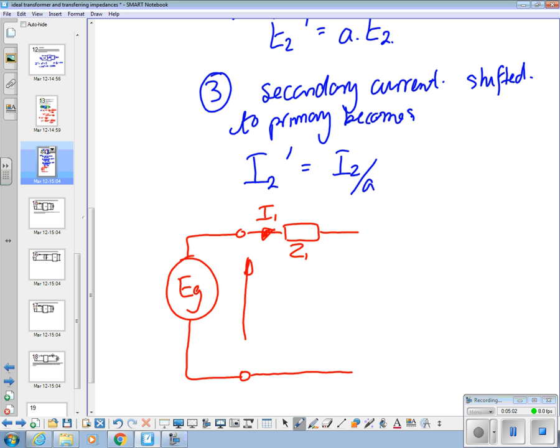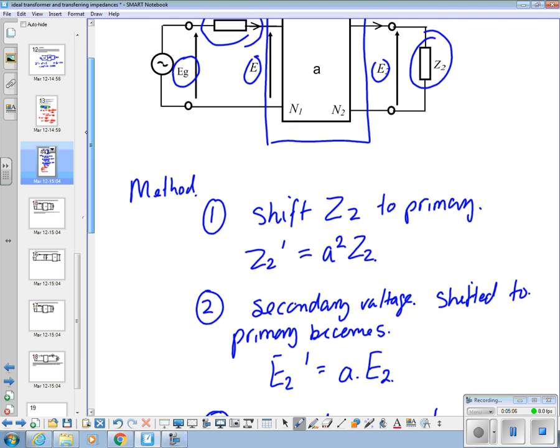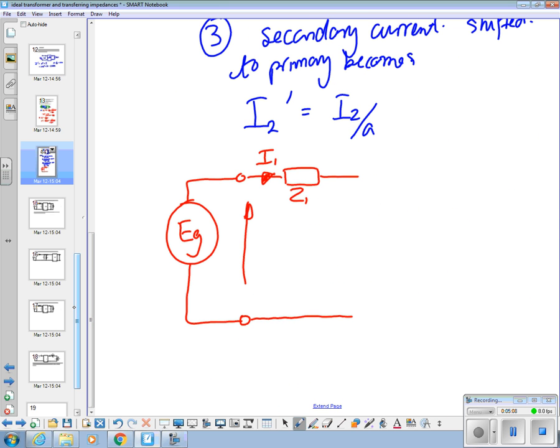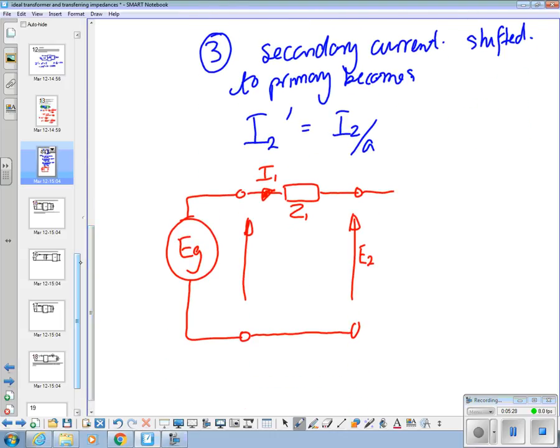Then we would have here the secondary terminals with E2 dash, sorry, across them.